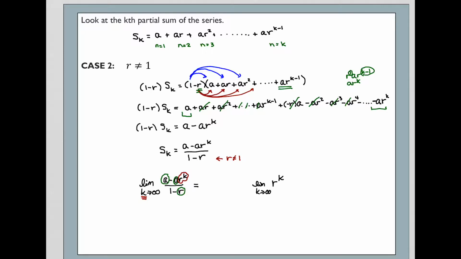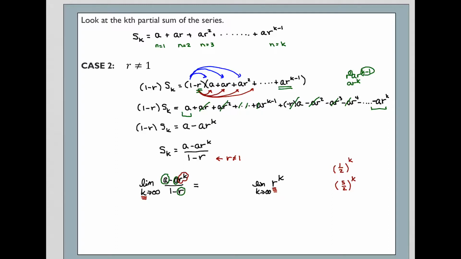Well, it really depends on what R is, doesn't it? Because now we're back to those geometric sequences. What did we say about those geometric sequences? Do you remember? Let's just throw some numbers in, because sometimes when we put numbers in, it helps our brain recognize patterns. R is a real number, so it can be an integer value or a fraction.